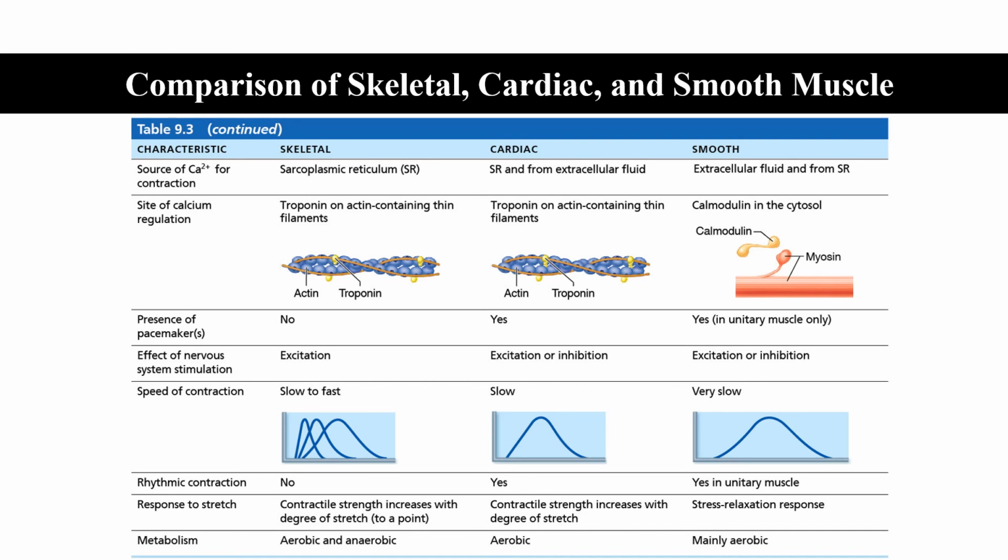We did mention the speed of the different contractions of muscle in lab, and so you're going to have slow contraction in both cardiac and smooth. Smooth is very slow. Cardiac is relatively quick, but it is slower than your fastest contraction in the skeletal muscle. So skeletal muscle can be slow to fast depending on what's happening.